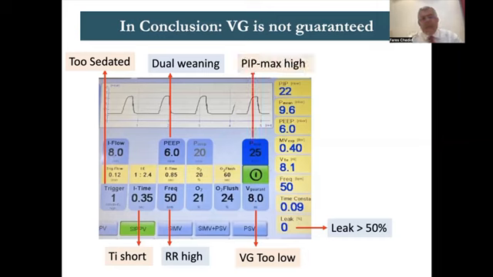And then the PIP max is relevant because if you set it too high, it should be, in small babies, 3 above the PIP, as here, 22, 25, 3 above. In a term baby it can be 5 above. If you set it at 22, equal to the PIP, the patient cannot have more pressure if he needs.